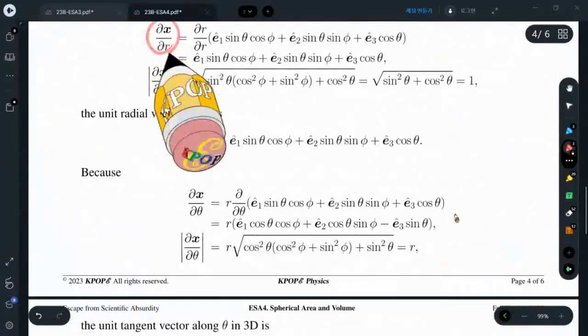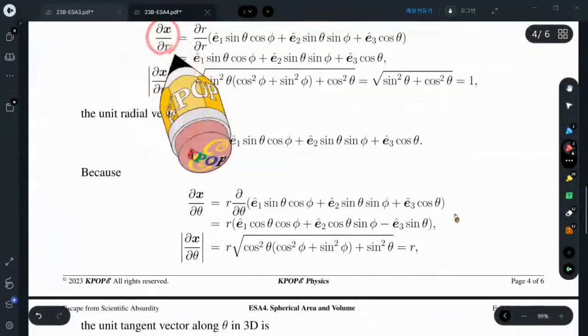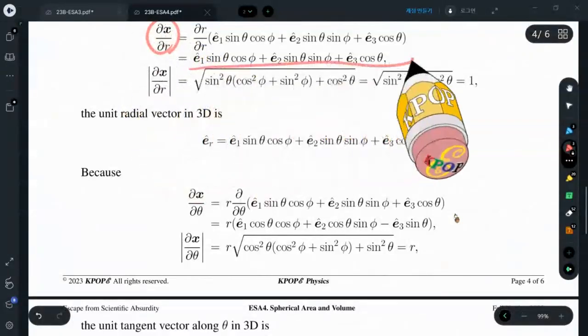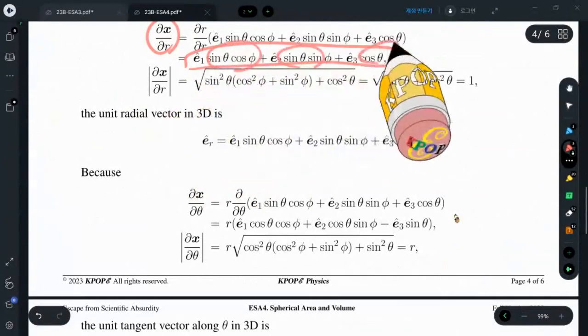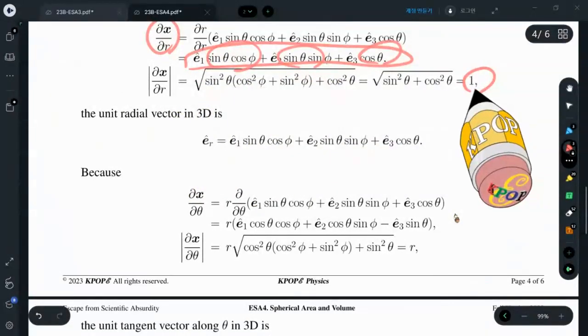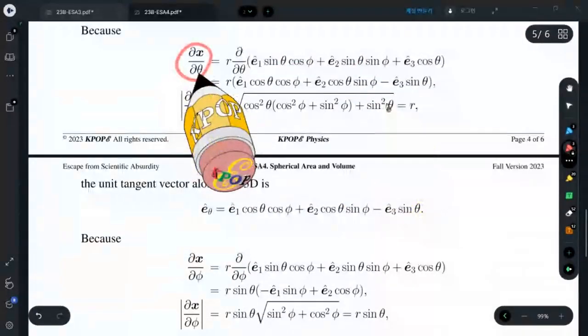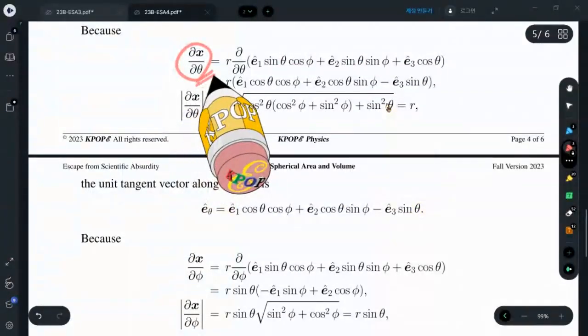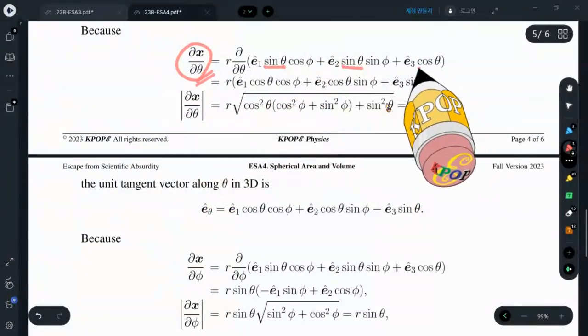Finally, for the x vector, its radius derivative is the unit radial vector. And square, square, square, the sum is always 1. If you take the derivative with respect to the polar angle, you change this.